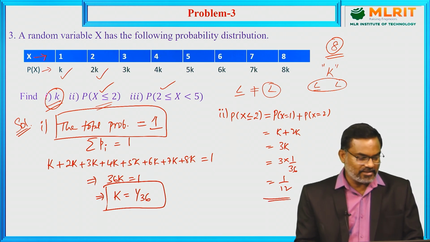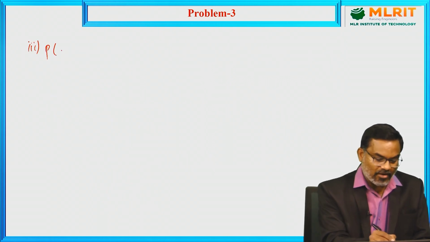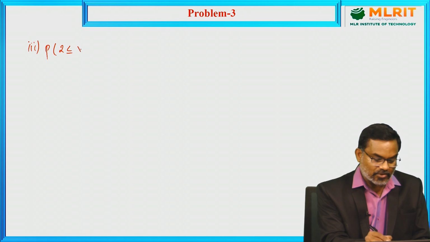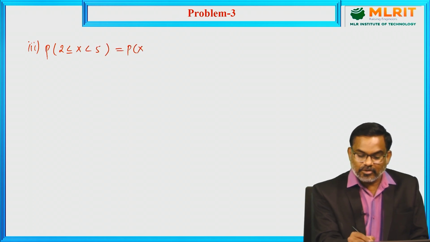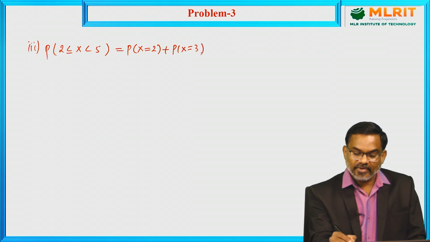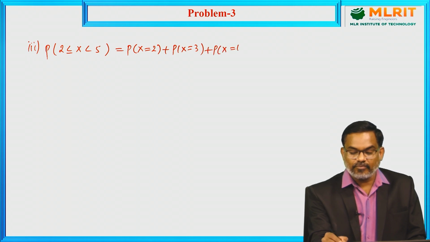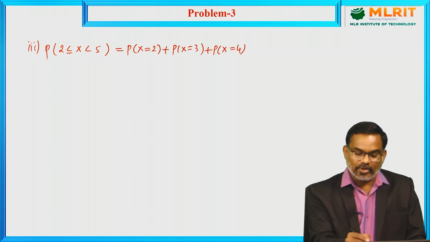Similarly, we can find the third one, probability of 2 less than or equal to X less than 5. That means 2 is included here: probability of X equal to 2 plus X equal to 3 plus probability of X equal to 4, less than 5, strictly less than. So, 5 is excluded here.